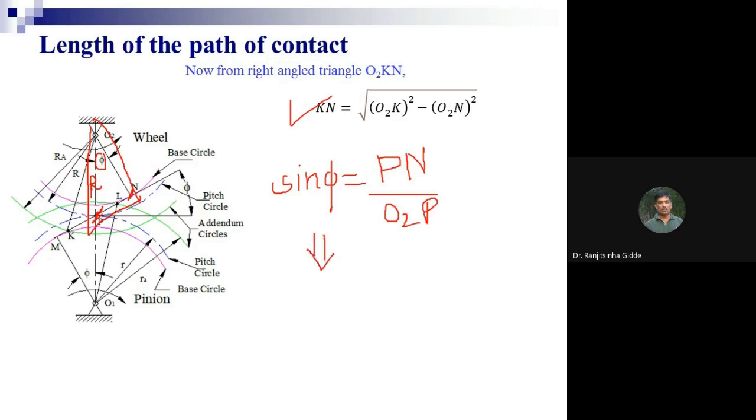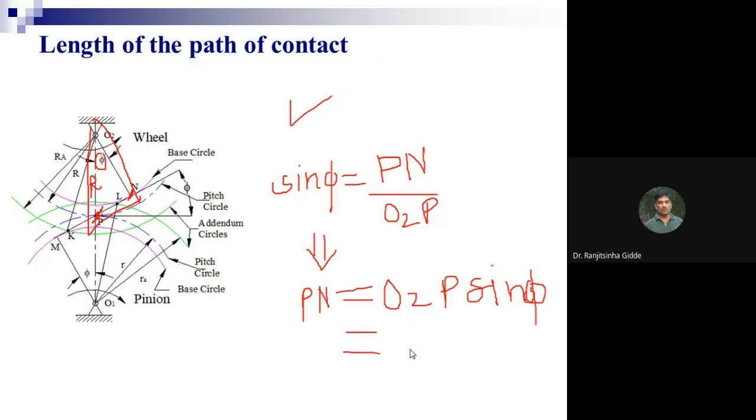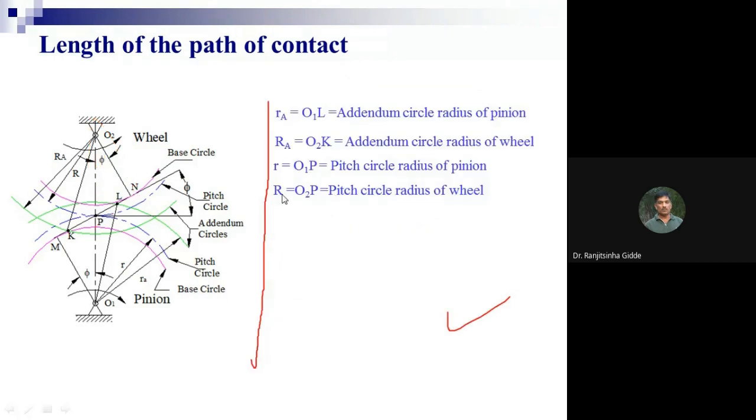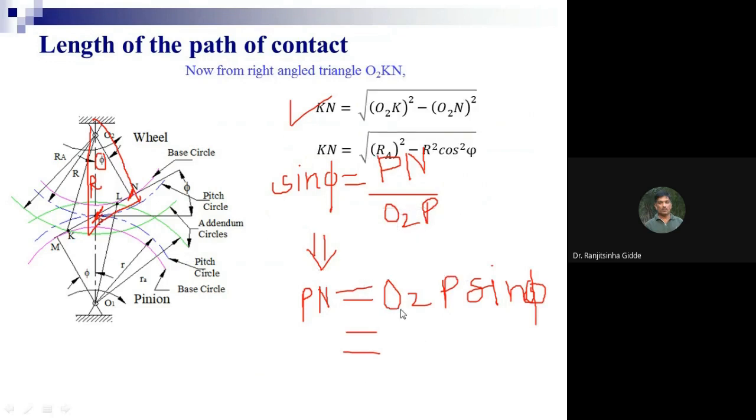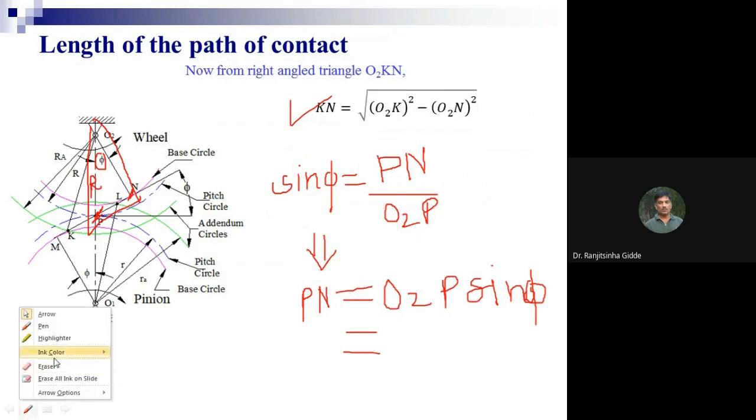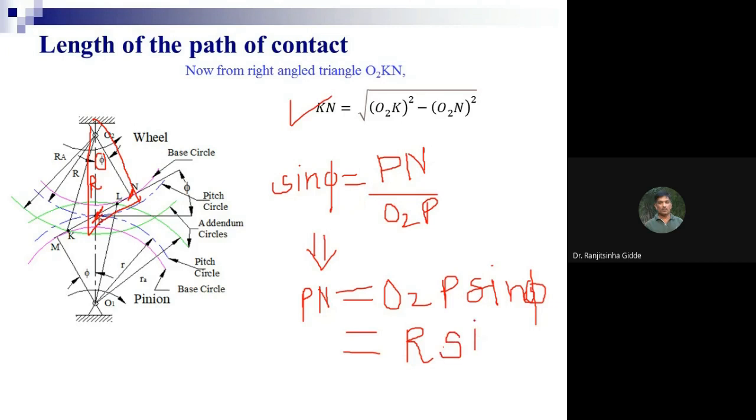Then we can write Pn is equal to O2P into sin phi. So what is O2P? Already we have written here capital R. So here we can write capital R into sin phi.